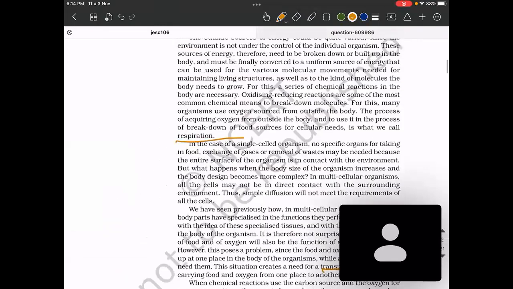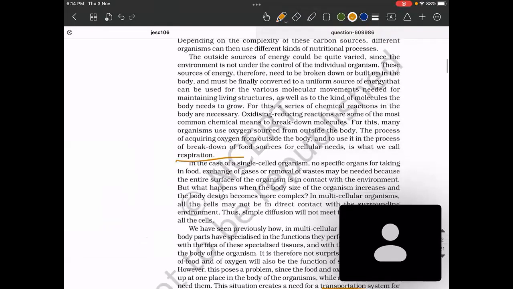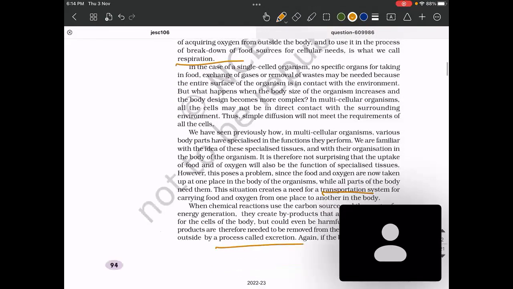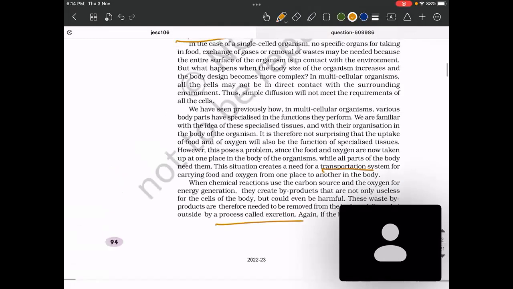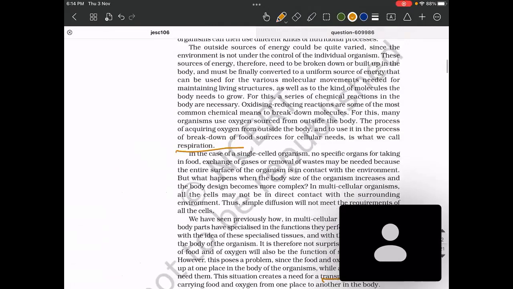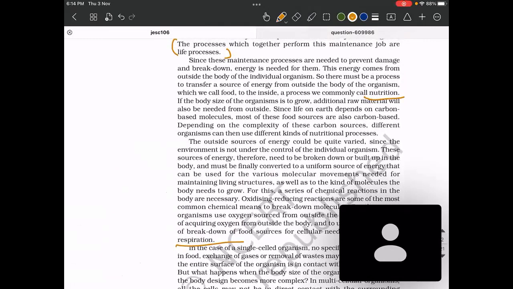So the important life processes explained in this chapter are digestion and nutrition, respiration and the transport system, and then excretion. So four important processes. Can someone quickly say the main objective of each of these four processes? What for digestion and nutrition?